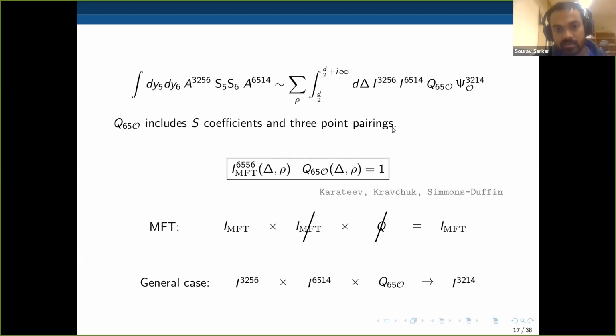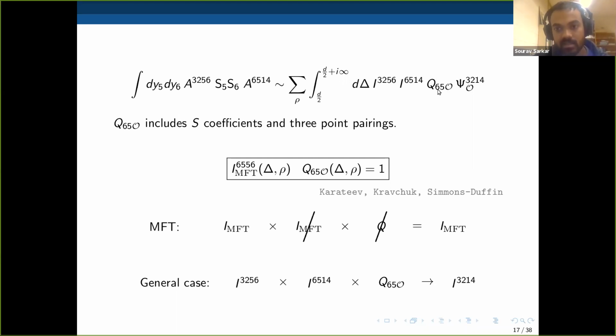So if we plug those results back into the gluing, this is what we get. We have one single integral now because of the delta function, and we have one spectral function from each of the two correlators here, and this Q is all the S coefficients and other 3-point pairings and everything.